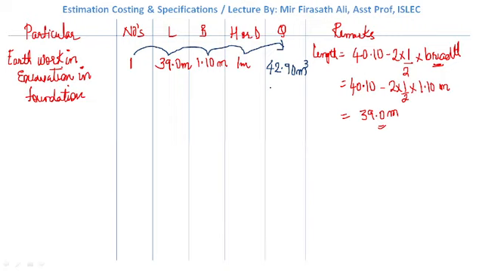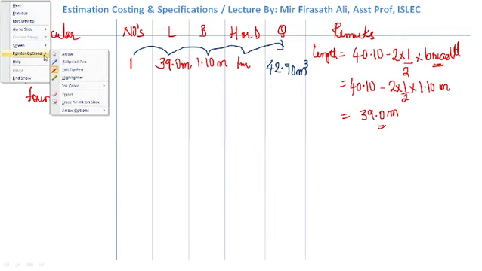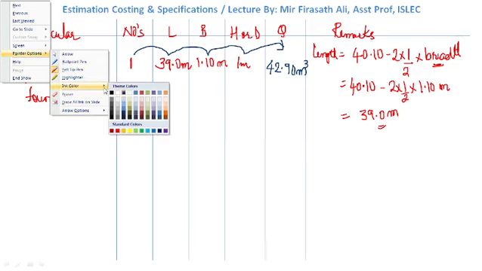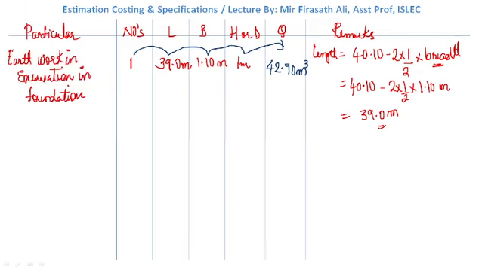We need to find out our second particular. The second particular will be the same as earthwork in excavation, but here what changes? Only the height or depth changes. Let us see. So, this was earthwork in excavation.